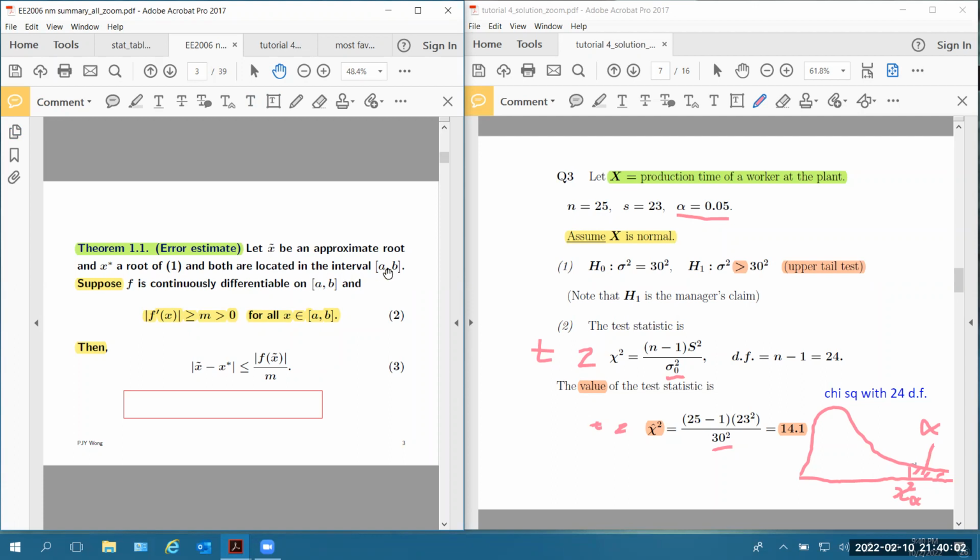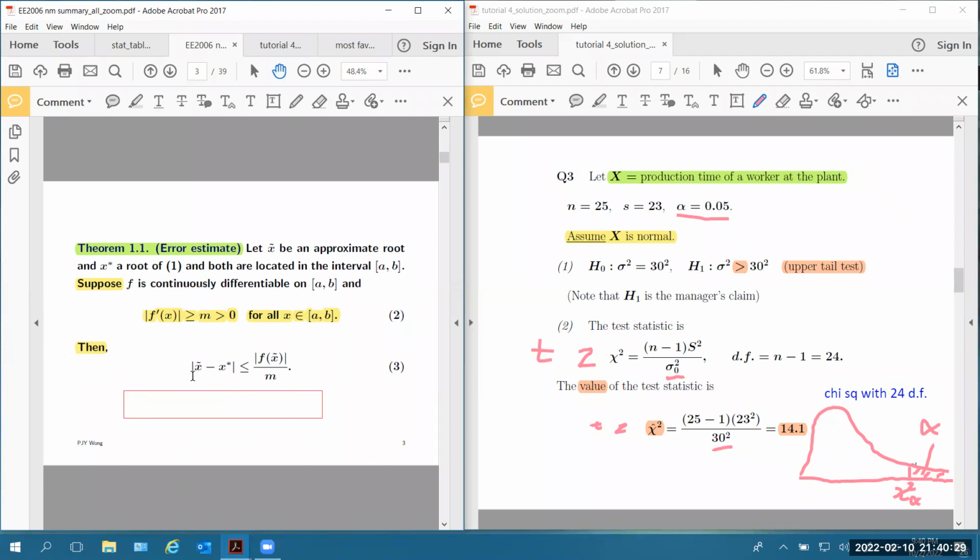Both are inside [a, b]. Now suppose your f is continuously differentiable on [a, b], and this is the important thing: the absolute value of f prime x is greater than or equal to m, which is more than 0, for all x in [a, b]. Then what is the conclusion?